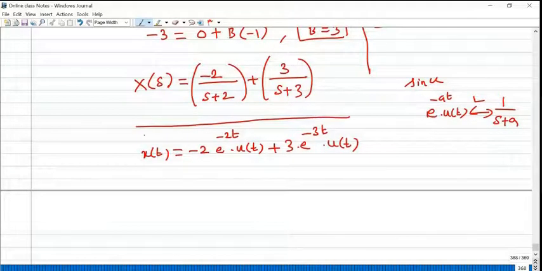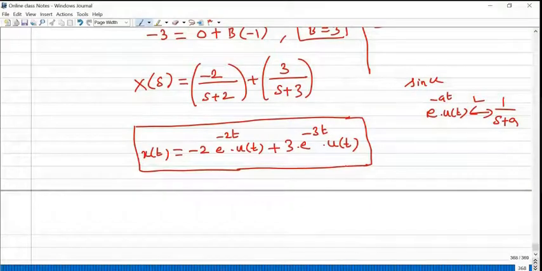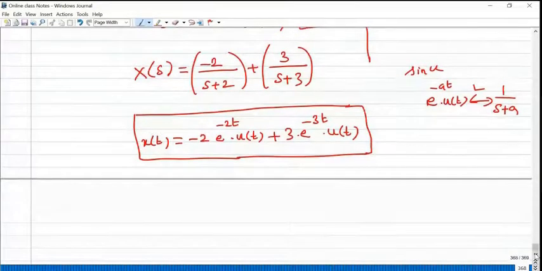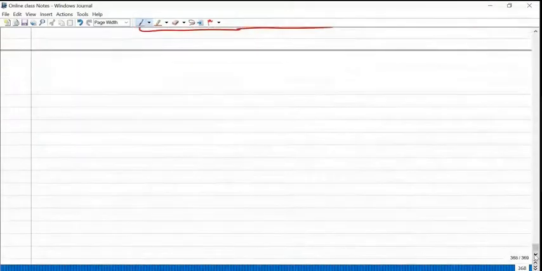And hence the inverse Laplace transform is computed. Similarly, whatever may be the problem given, your duty is to convert that particular problem in terms of any one of the formulas of Laplace transform.